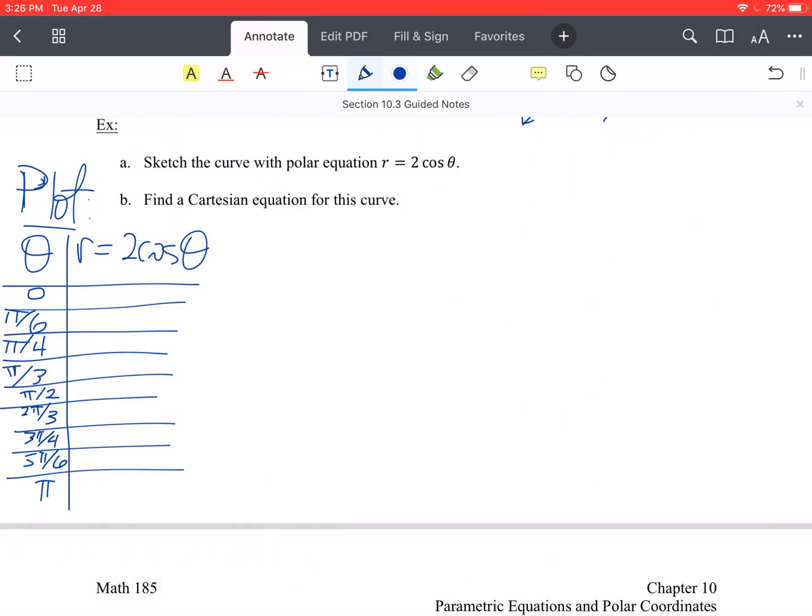I am just going up to pi because if we start going around to 2 pi, the shape is actually just going to repeat itself. So we don't need to do that.